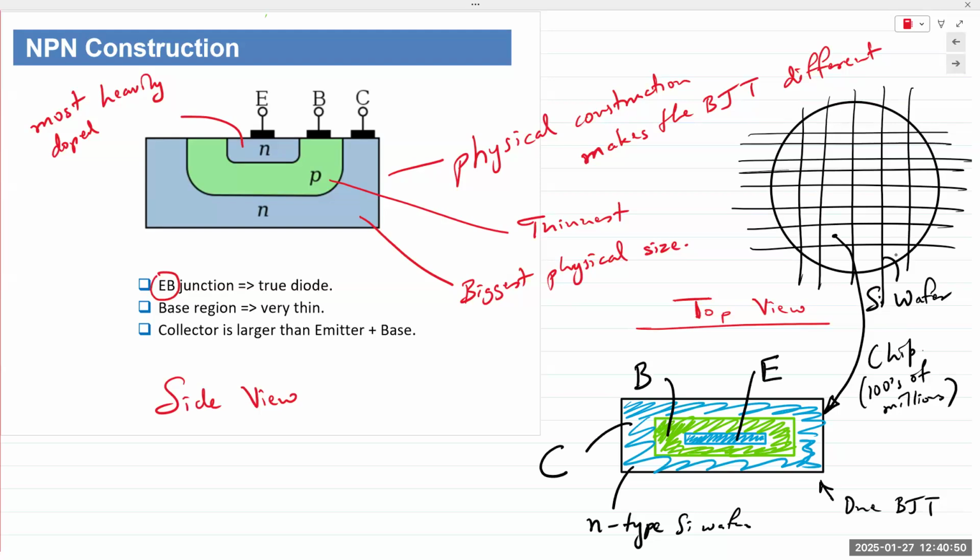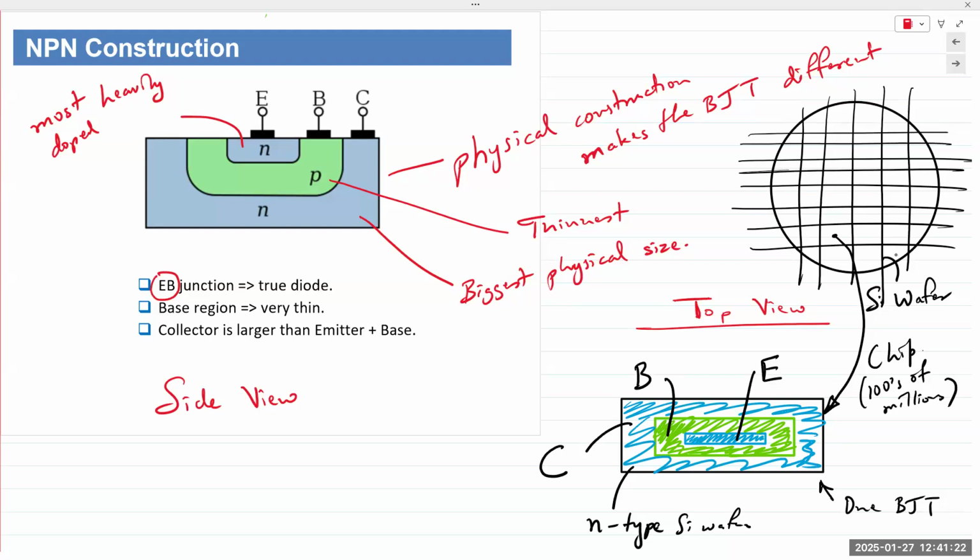But what makes this structure unique is the doping concentrations. The base is the thinnest and it's the most lightly doped, meaning there are not enough charge carriers to conduct current. So the base is physically the thinnest, the smallest, and is also the least electrically active in the sense of doping.